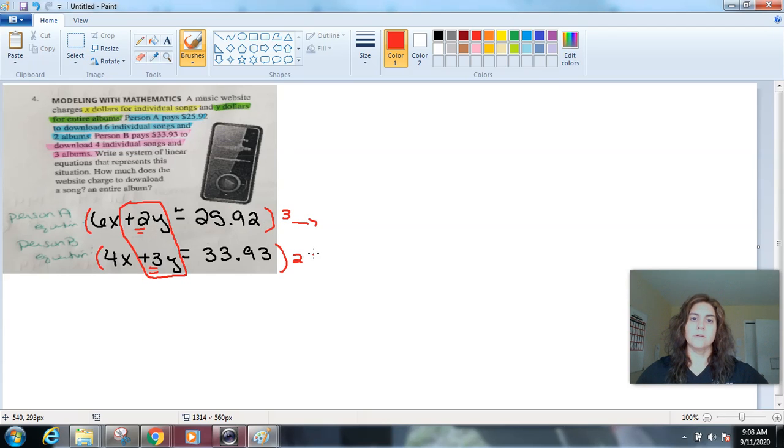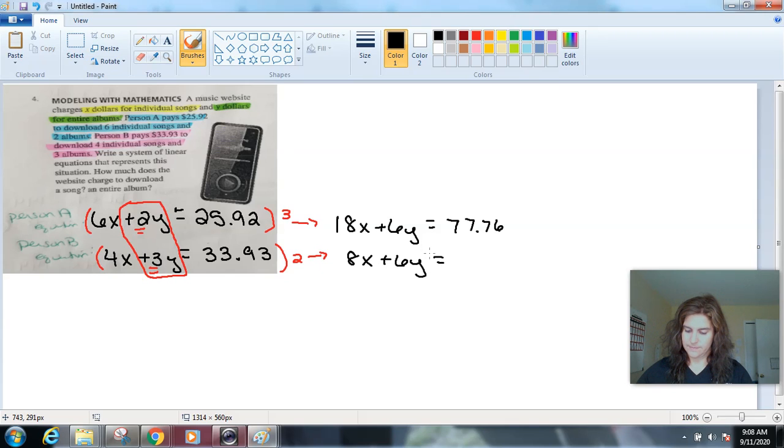Okay, so when I multiply those out, I get 18x plus 6y equals 77.76. And the bottom row becomes 8x plus 6y equals $67.86.